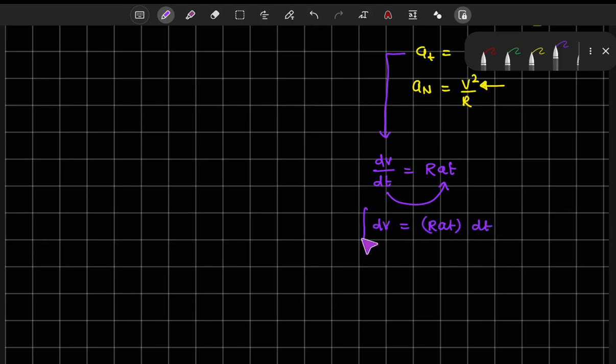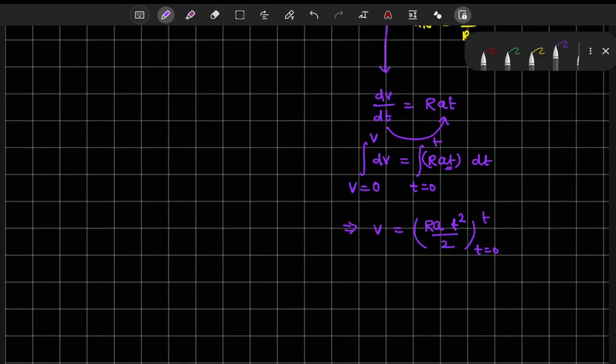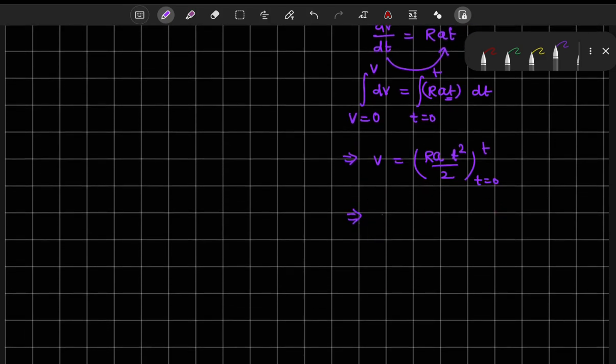Let us integrate both sides from v equals 0 to v and t equals 0 to t. On the left side we get v, and r a is constant and the integration of t is t square by 2 from t equals 0 to t. So from here we get v equals r a t square by 2.